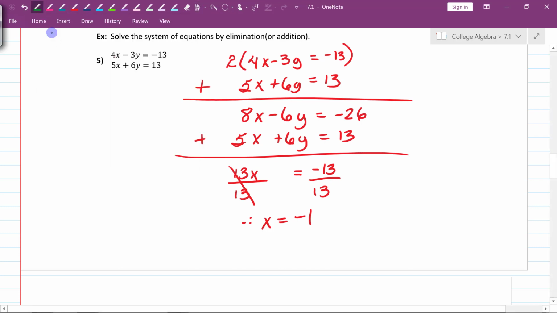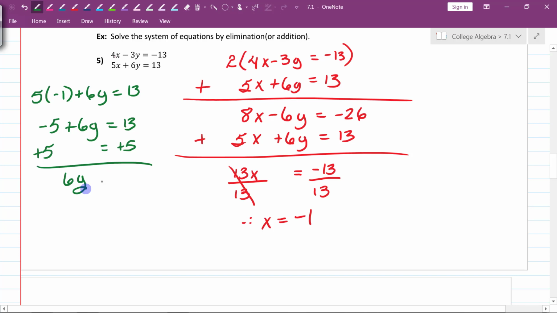I have 5 times x, which is negative 1, plus 6y is equal to 13. 5 times negative 1 is negative 5, plus 6y is equal to 13. Add 5 to both sides, and I get 6y is equal to 18. Divide both sides through by 6, and I get therefore y is equal to 3. So my solution is the point negative 1, 3.